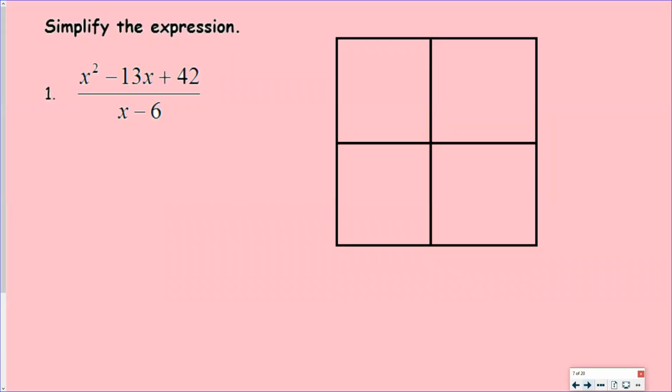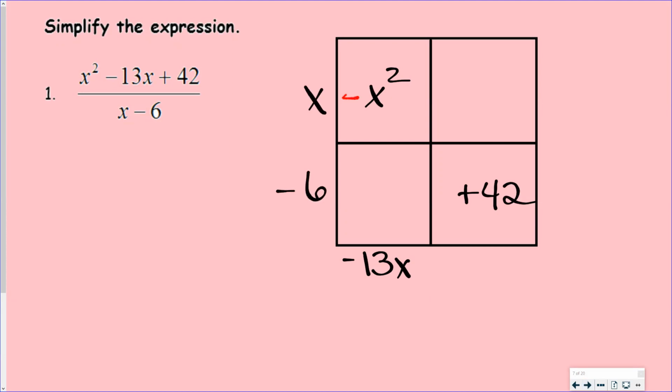So let's try another one. Let's try this again. I have x squared minus 13x plus 42, x minus 6. If I go to the left and I see I have an x here, and I need x squared, the only thing that gives me that is another x.